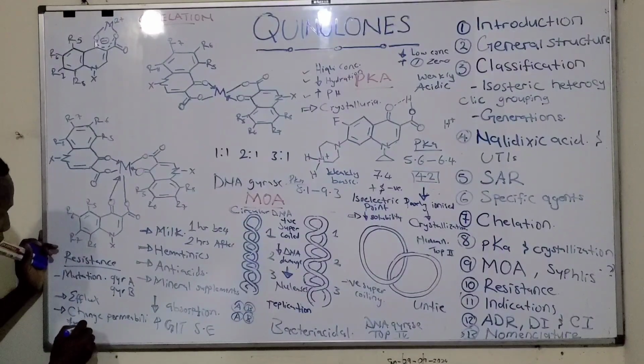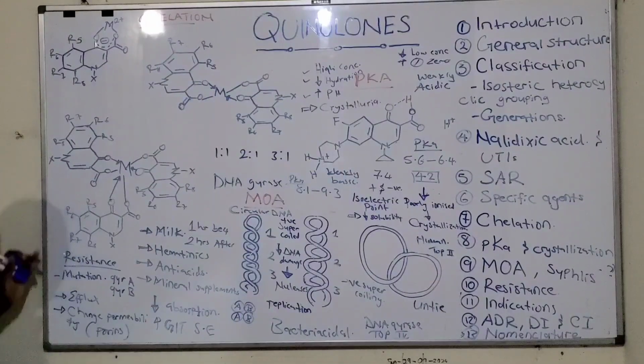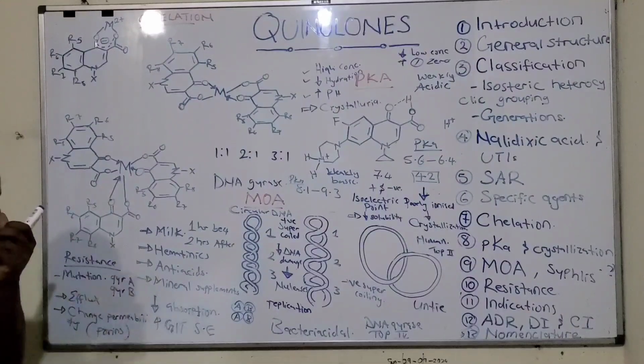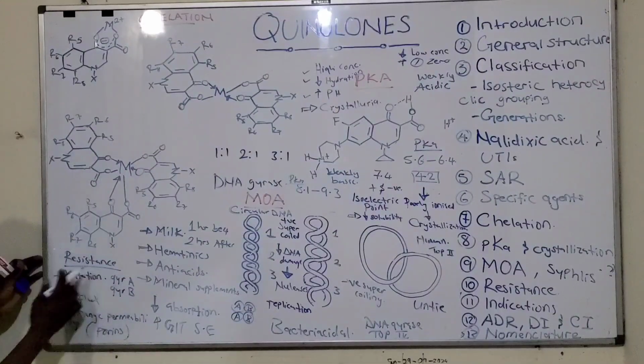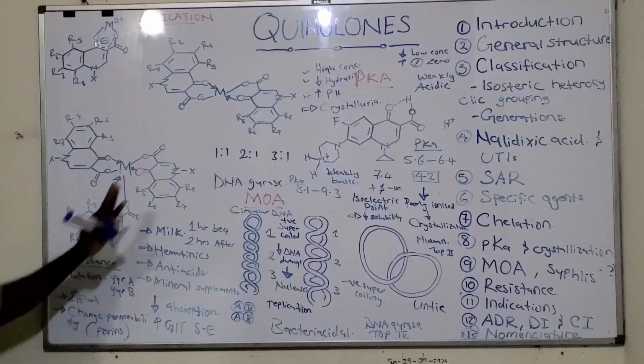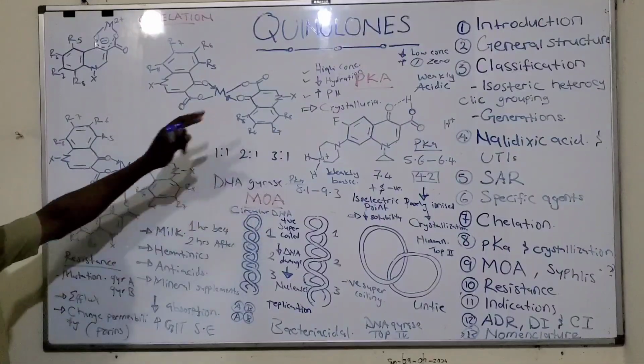If they have a change in the permeability of the porins, we may have poor entry of the drug into the microorganism. So, these are the main resistance mechanisms of the bacteria against the quinolones.